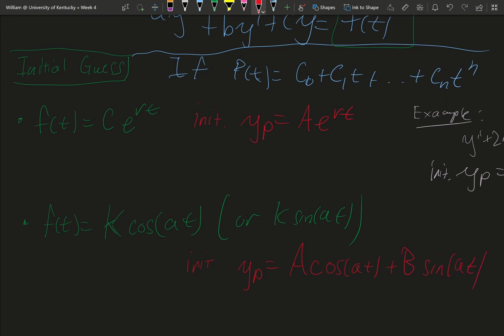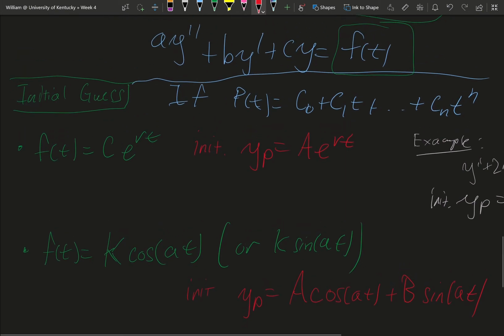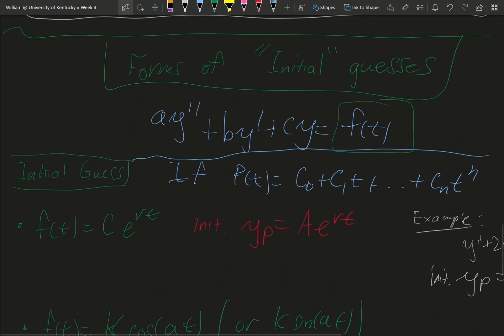You're generally going to need both terms. Just a little shortcut: you can get away with using only the cosine term if this b coefficient here is 0.